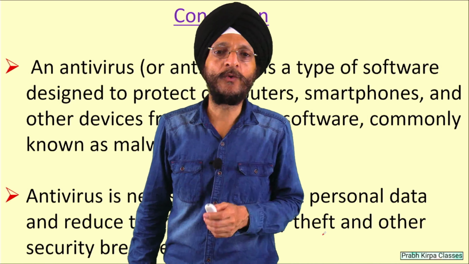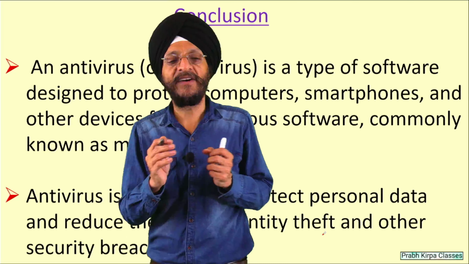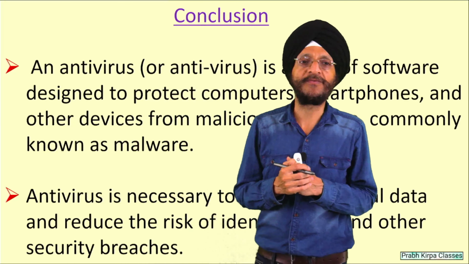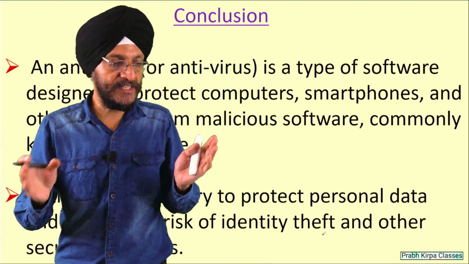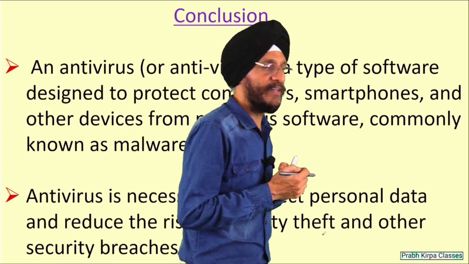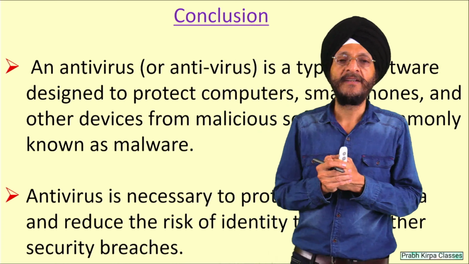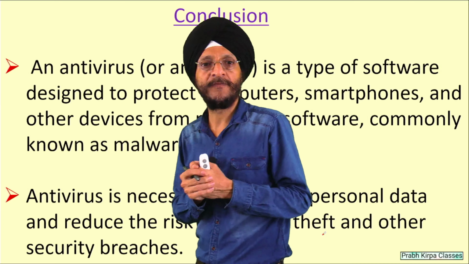Now we would like to conclude this course. Antivirus software is a type of software which is designed to protect our computers, mobile phones and other similar devices from viruses and other forms of malicious software.